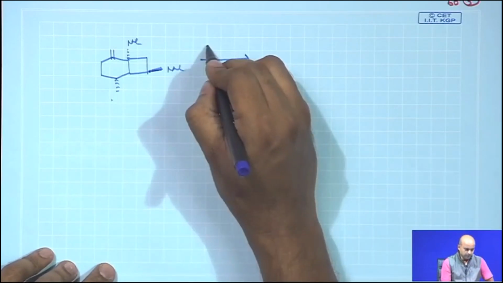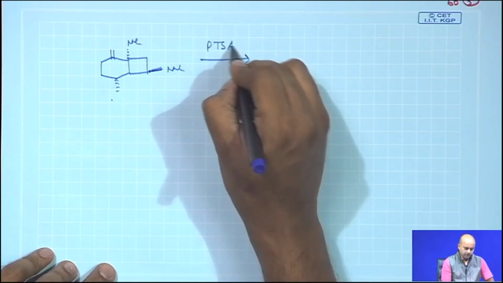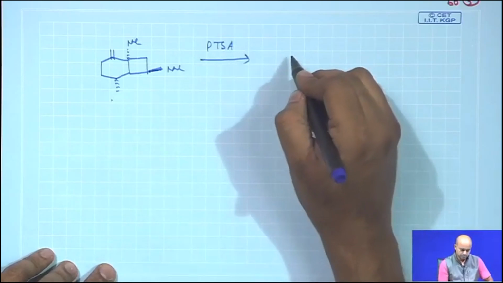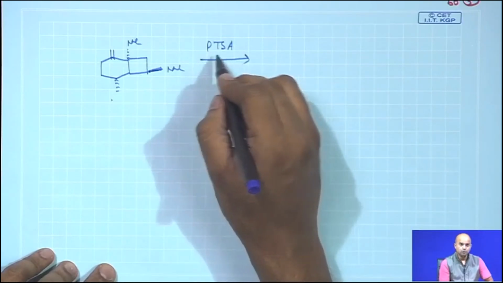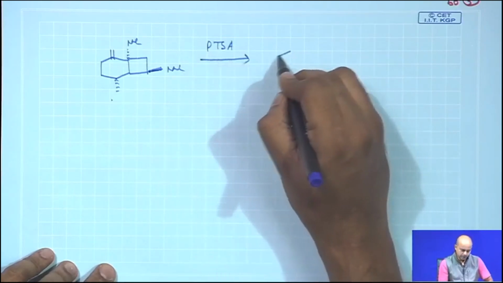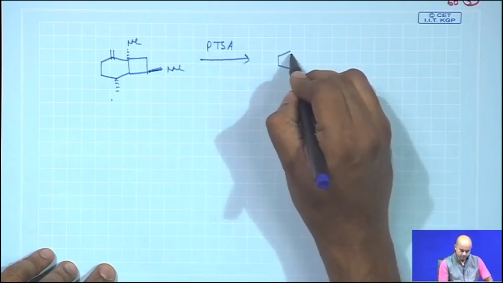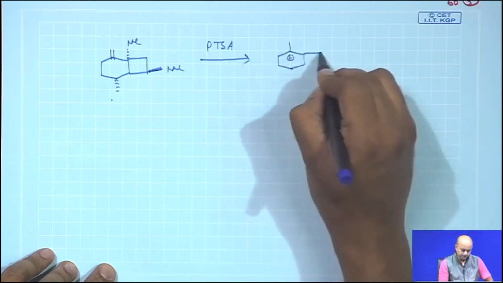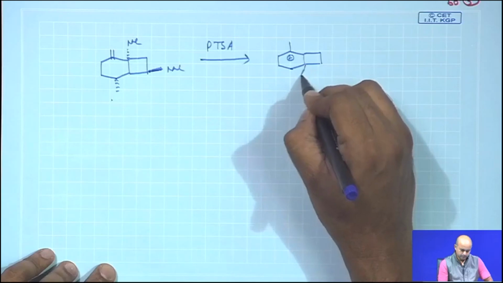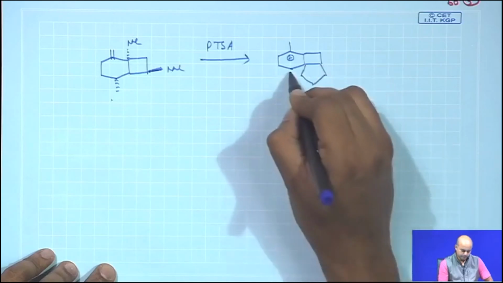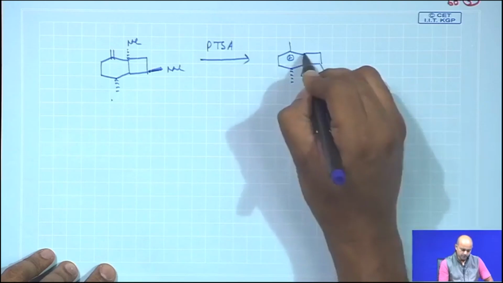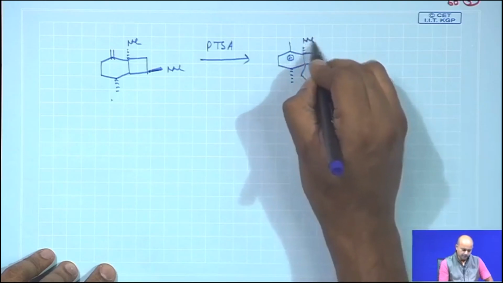So, this compound was subjected to a simple acid, probably not too strong an acid, p-toluenesulfonic acid. It is found that initially you get this, the methyl remains the same, all the relative stereochemistry remains similar.